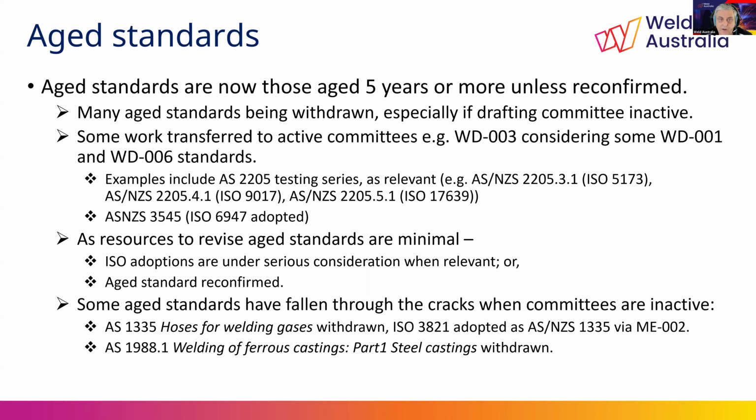Now, as I mentioned earlier, Standards Australia are now following a similar process to ISO, where published standards undergo a systematic review every 5 years to maintain currency. And in the case of ISO, their standard will be reconfirmed or recommended for revision or withdrawn. And in the Australian context, unless resources improve to enable revision, it is likely we'll see recommendations for ISO adoptions or modified adoptions on a more frequent basis.